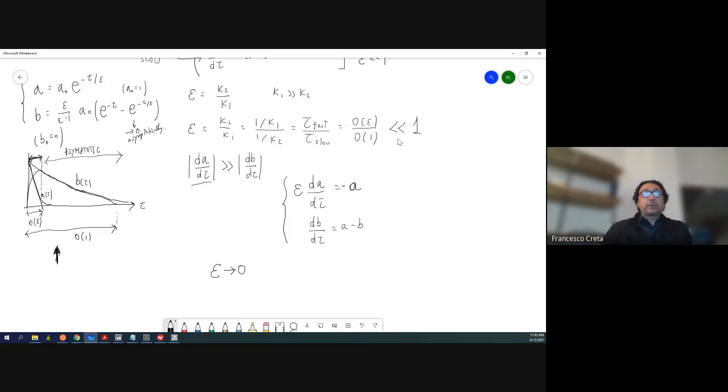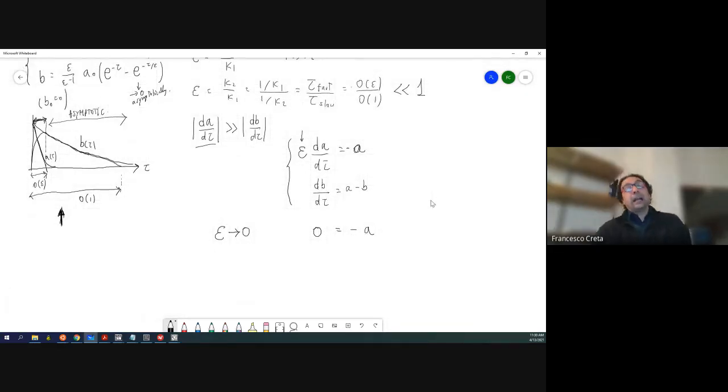We shrink epsilon to 0, and what we have here essentially is that the first term will be 0 equals minus A. So we have a first result, which seems pretty obvious: a differential equation of first order now becomes an algebraic equation, or if you will, an algebraic constraint.